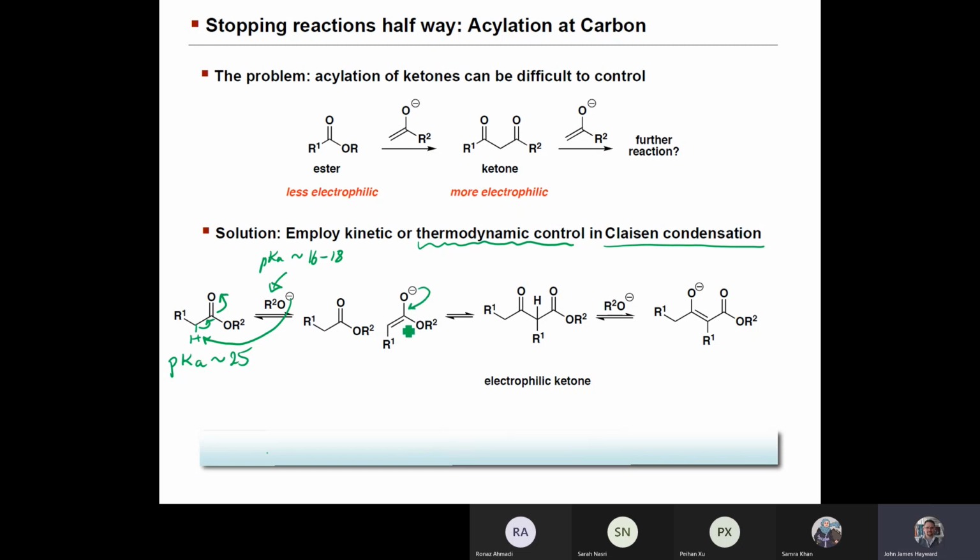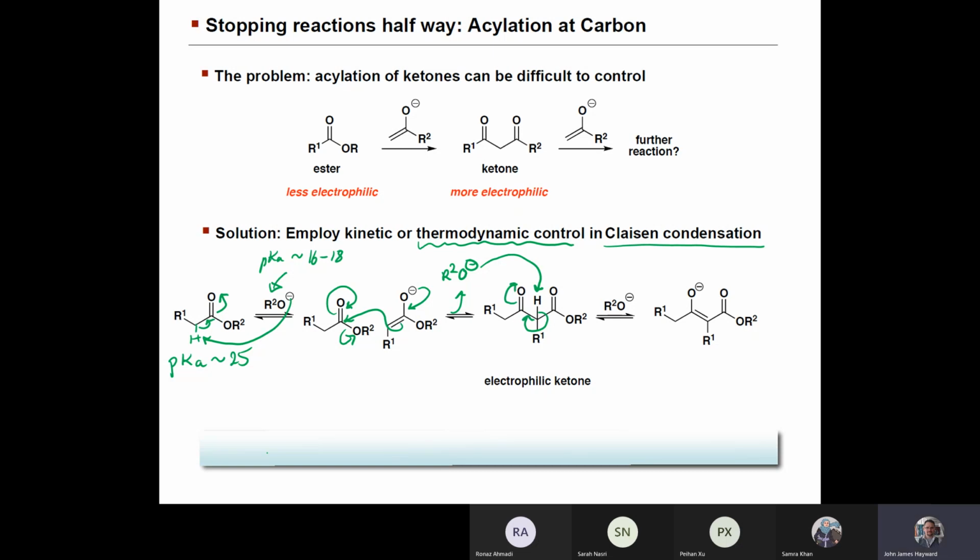And our enolate can then react with itself, or with another equivalent of the ester, and kicks out the alkoxide. So we actually regenerate our alkoxide. That, however, can act as a base or a nucleophile, but typically deprotonation happens a lot faster than nucleophilic attack.